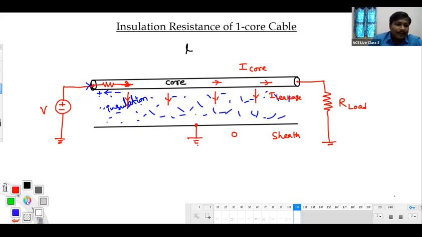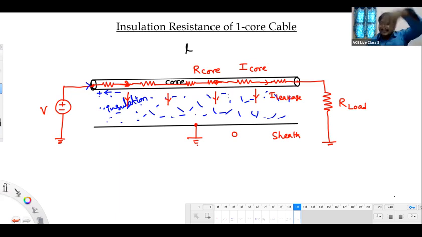Like that, we have many core resistances distributed like this. R core, conductor resistances.